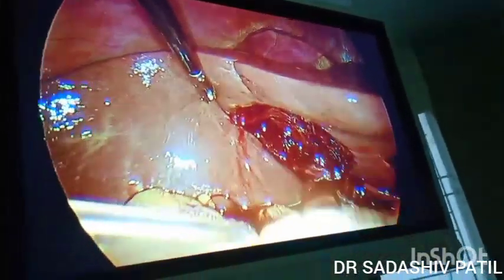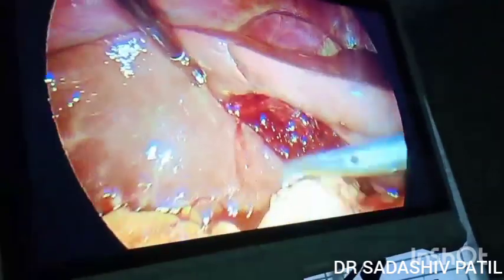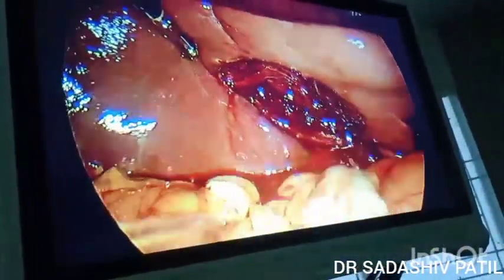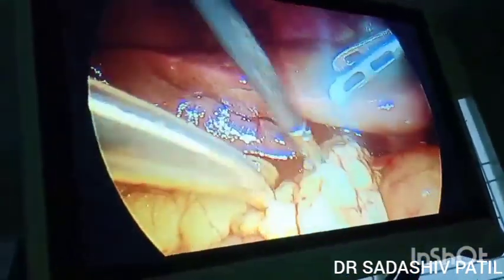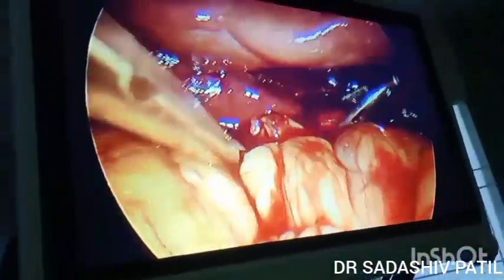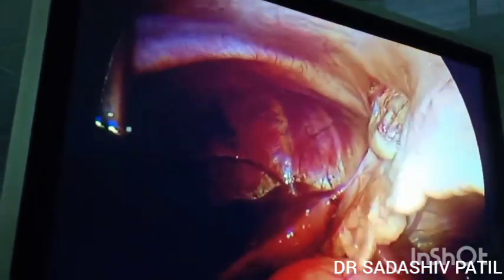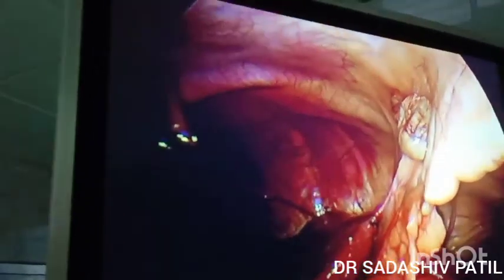The specimen was also removed through the epigastric port. All the trocars were removed. Closure was done.